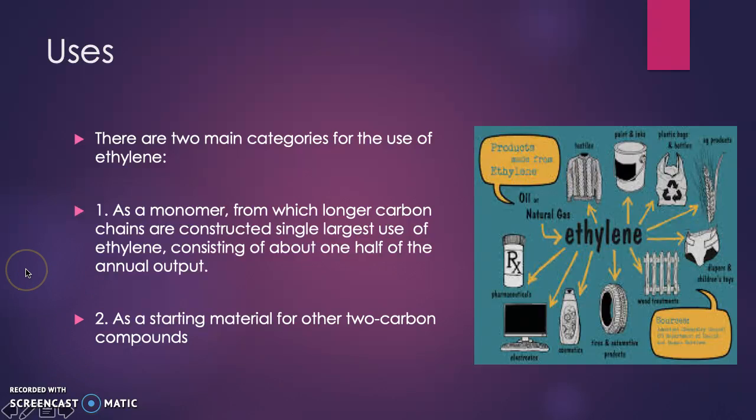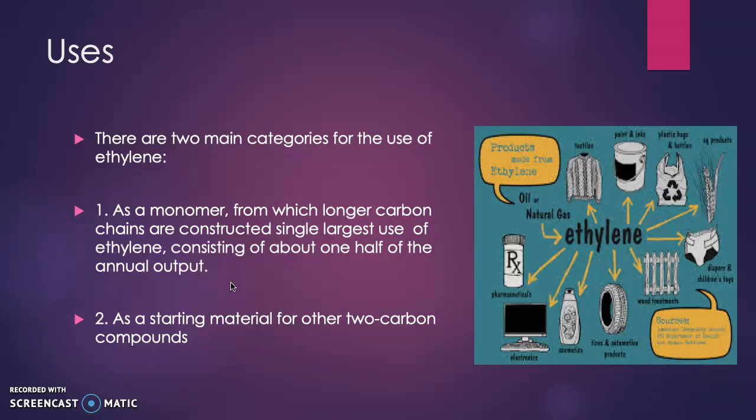Some uses of ethylene include being produced as oil or natural gas, as a monomer from which longer carbon chains are constructed, the single largest use of ethylene, consisting of about 1/2 of the annual output.